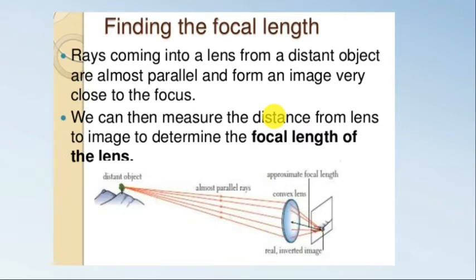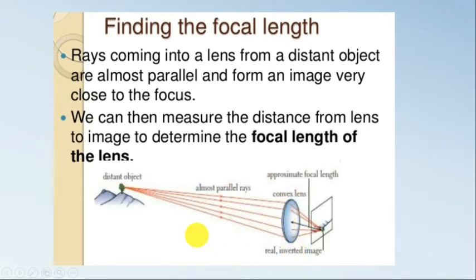What did we do the previous time? We said that rays coming into a lens from a distant object are almost parallel and form an image very close to the focus. To find the focal length, the first thing we have to do is to bring a very distant or far object. Look how the object is far away from the lens.